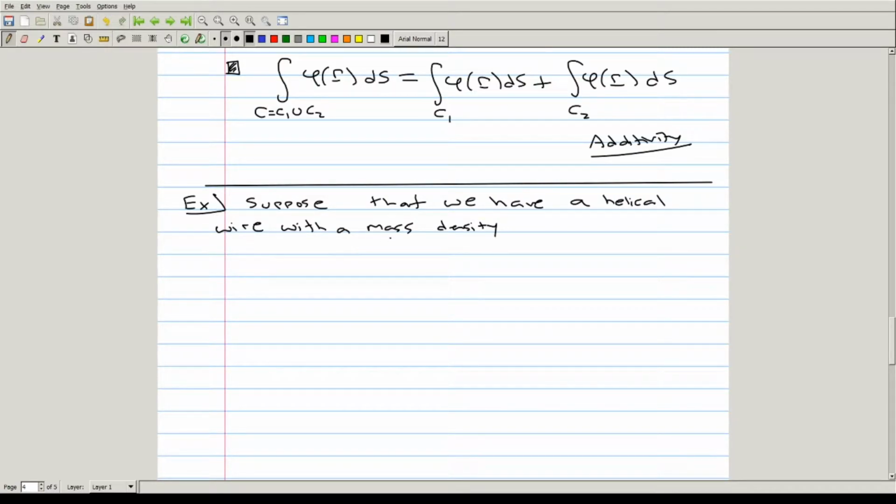So this is going to be mass per unit length along the wire. So along the length of the wire, that is quadratically varying with distance from the origin.